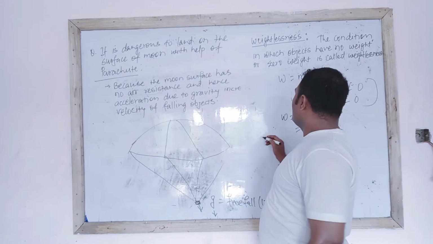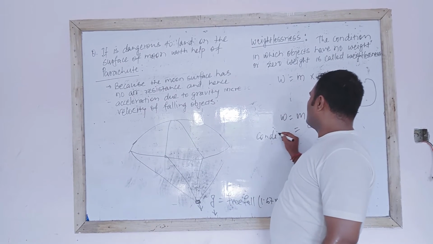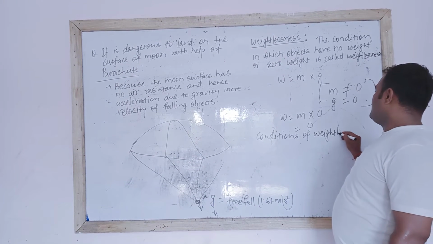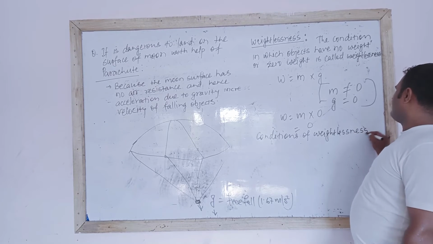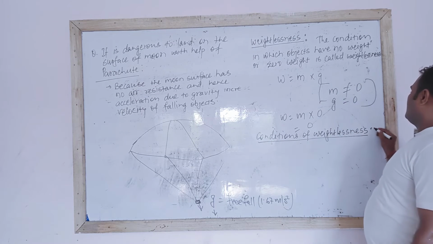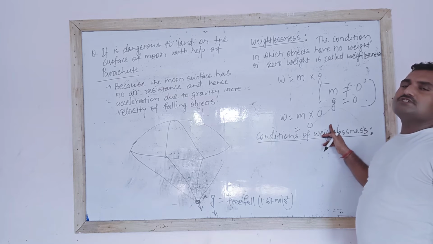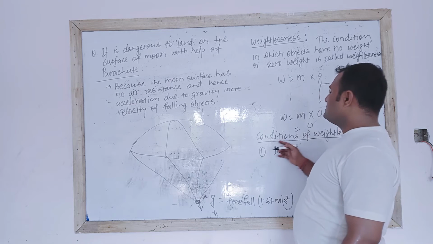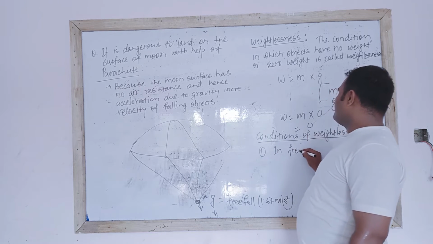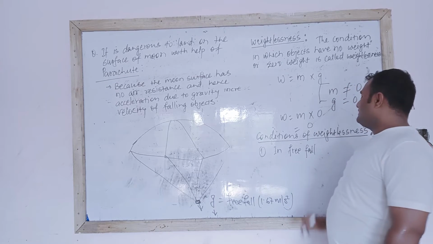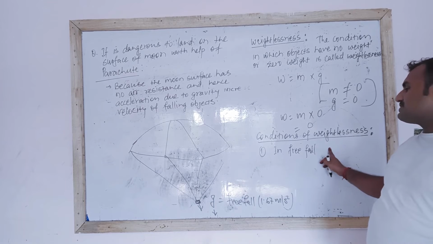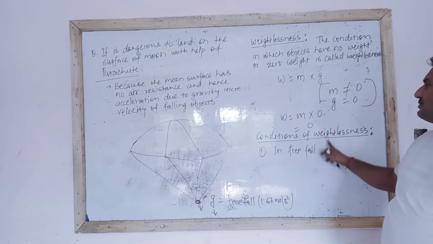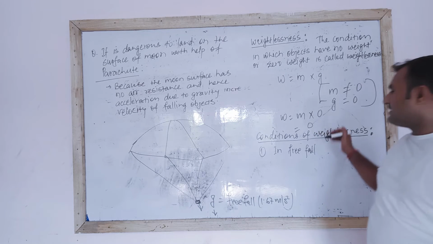The conditions of weightlessness are those in which acceleration due to gravity becomes zero. The first condition of weightlessness is free fall. In free fall, the resultant acceleration due to gravity of a falling object is 0. g is 0, therefore it will be weightless.